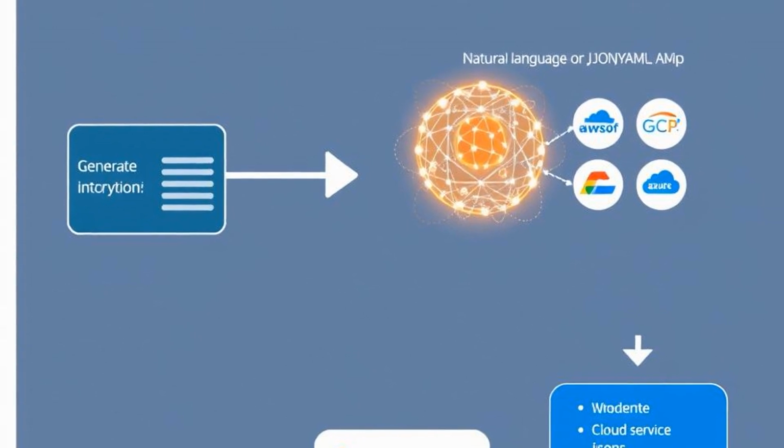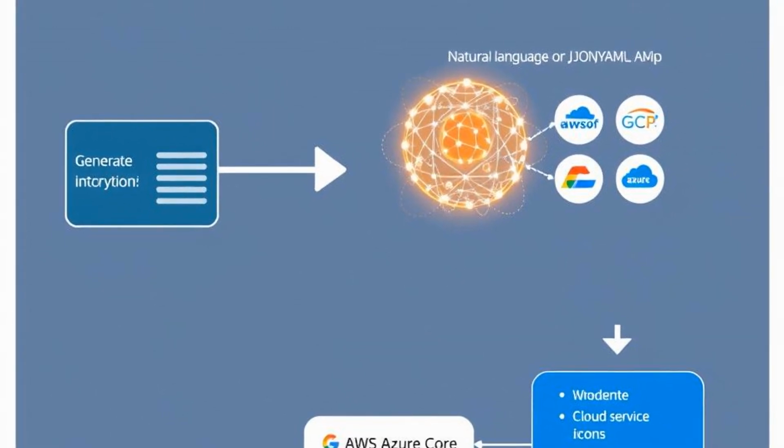It understands the relationships between different infrastructure components, identifies the most suitable cloud services, e.g., AWS EC2 for compute, RDS for databases, S3 for storage, and then dynamically generates the full, syntactically correct Terraform or CloudFormation code. It's like having an expert infrastructure architect instantly translate your vision into deployable code.